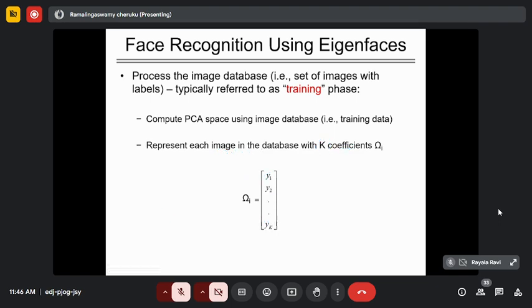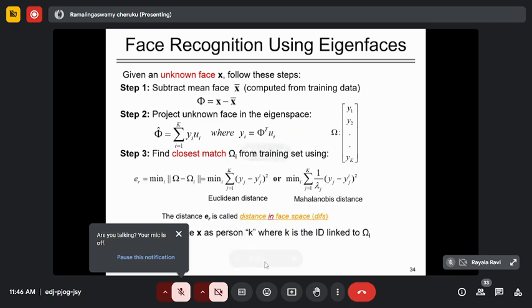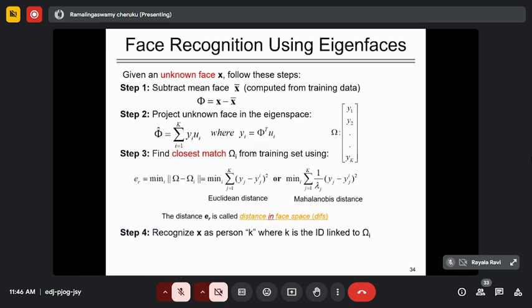If a new face comes, we transform it into k dimensions and match those k dimensions with the faces in the database for the closest match, either using Hamming distance or Mahalanobis distance. Those are similarity measures of how close one face is to another, and based on that we can identify the faces.